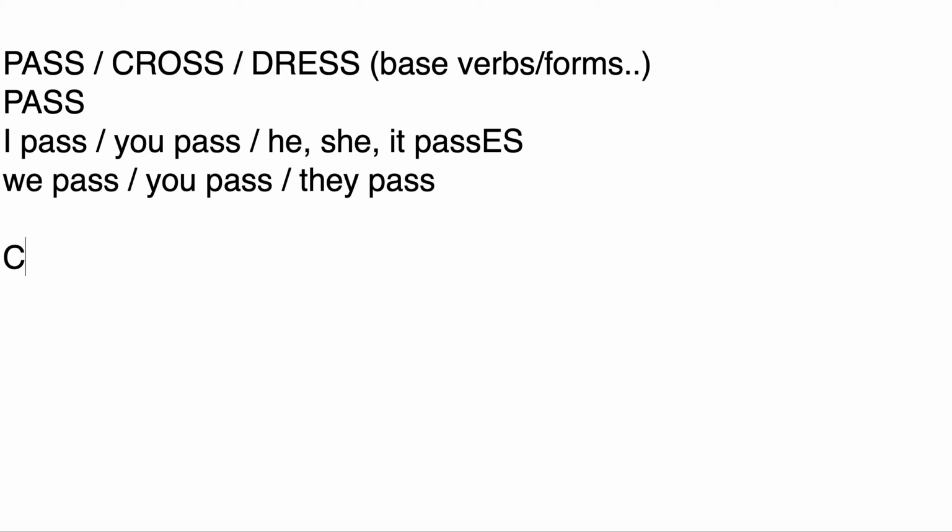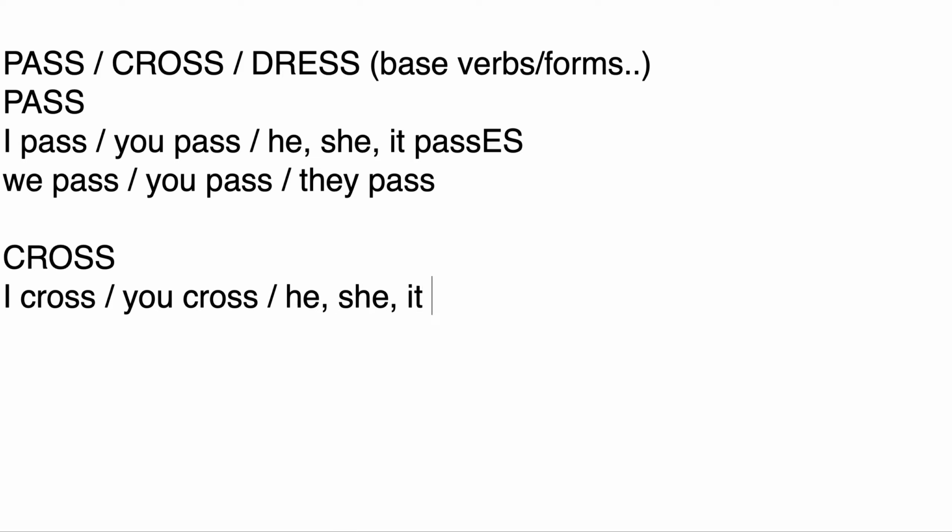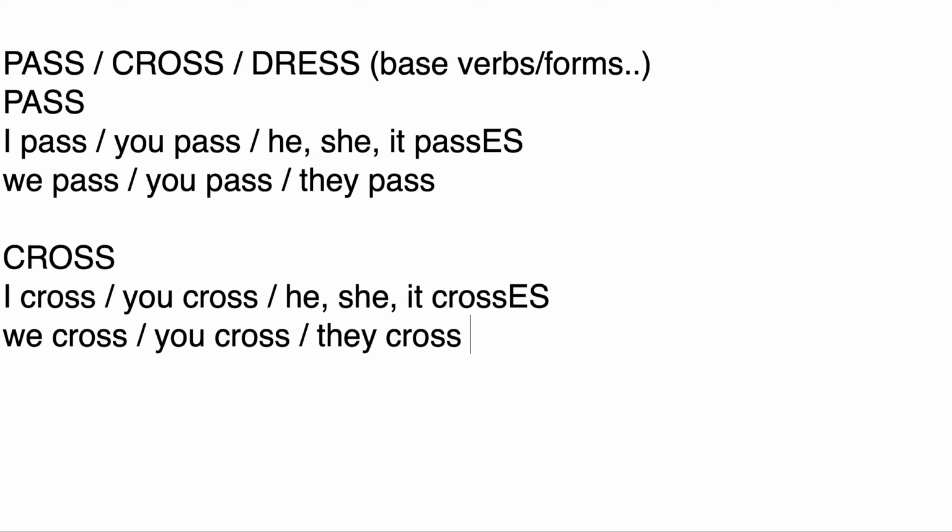Let's do cross, like cross the street. I cross, you cross, he, she, it crosses the street. Let me capitalize these. Okay, so crosses. Again, es, followed by we cross, you cross, they cross.